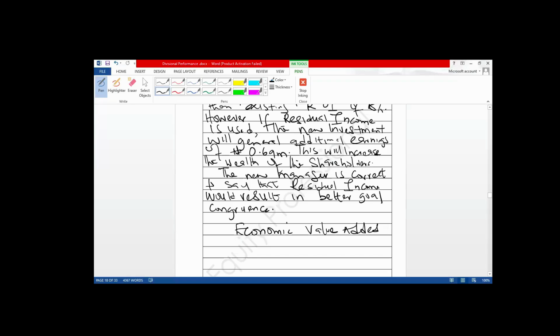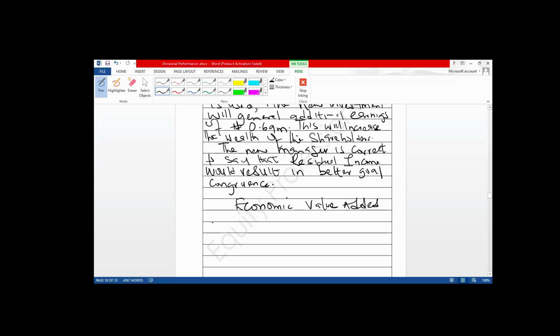how do we calculate economic value added? Economic value added is equal to NOPAT minus, open a bracket please, adjusted capital employed multiplied by the cost of capital.